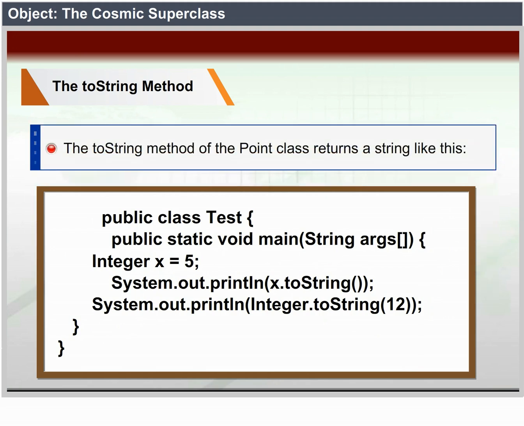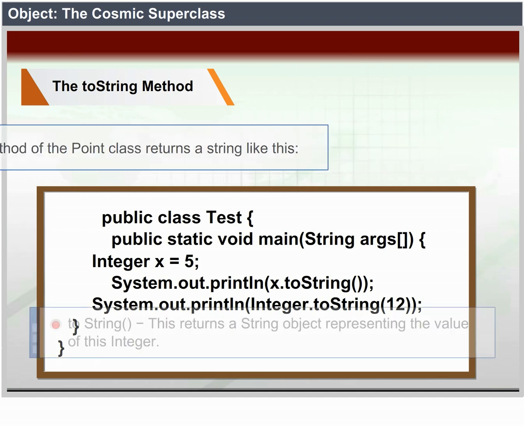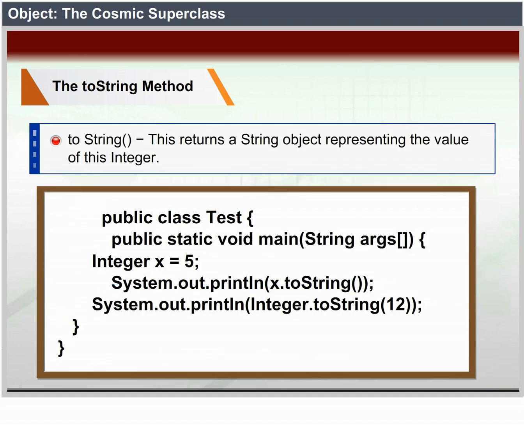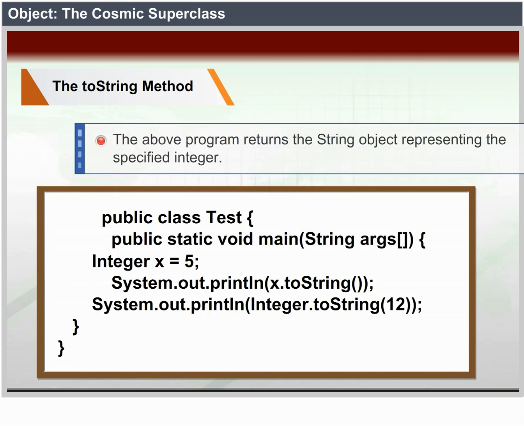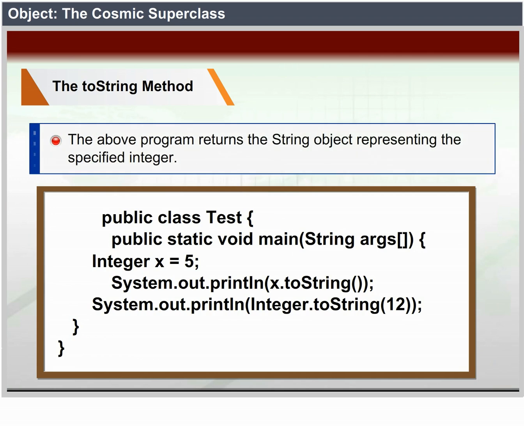The toString method of the Point class returns a string like this. public class Test { public static void main(String[] args) { Integer x = 5; System.out.println(x.toString()); System.out.println(Integer.toString(12)); } } The toString method returns a String object representing the value of this integer. The above program returns a String object which represents a specified integer.